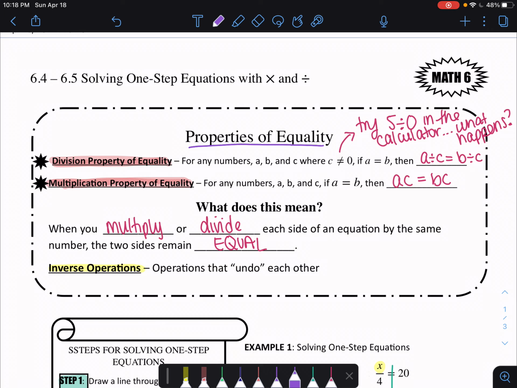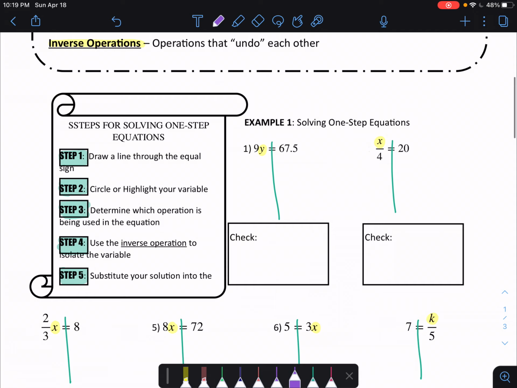And then just a reminder that inverse operations are the operations that undo each other. And today we're talking about multiplication and division because those two things undo each other. You'll notice that my little scroll is still here, so I've still got my steps here.